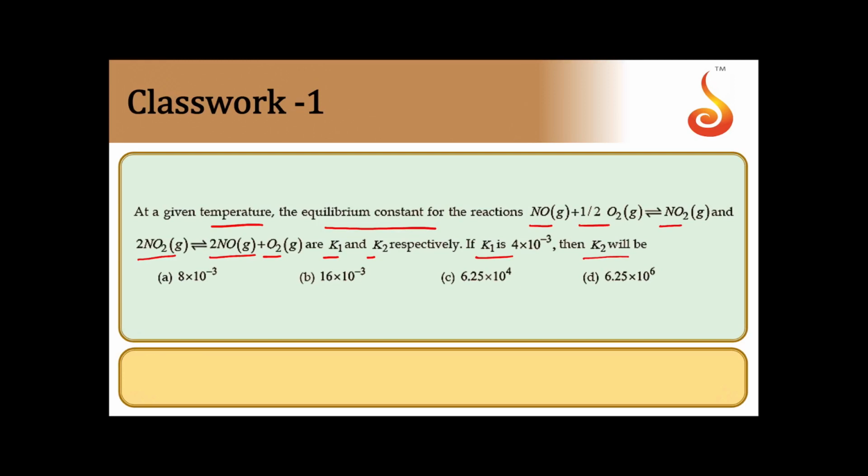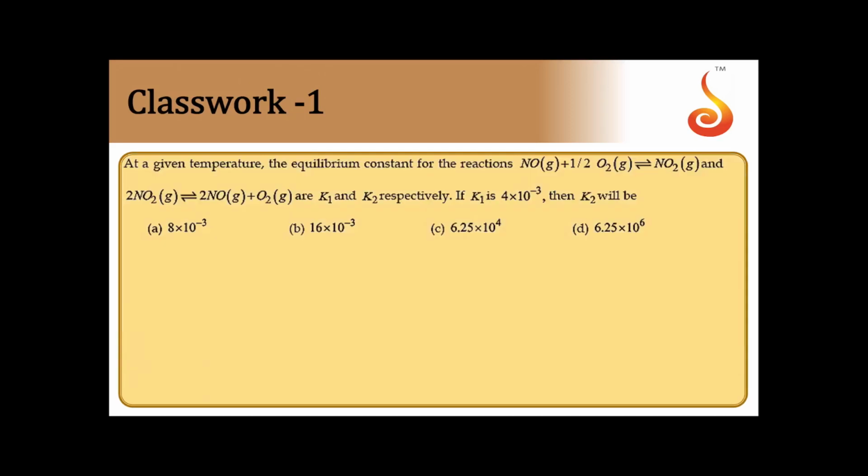We observe the first two equations given to us. Here, the second equation is the reverse of the first equation, because the products became the reactants. It is also multiplied throughout by 2.